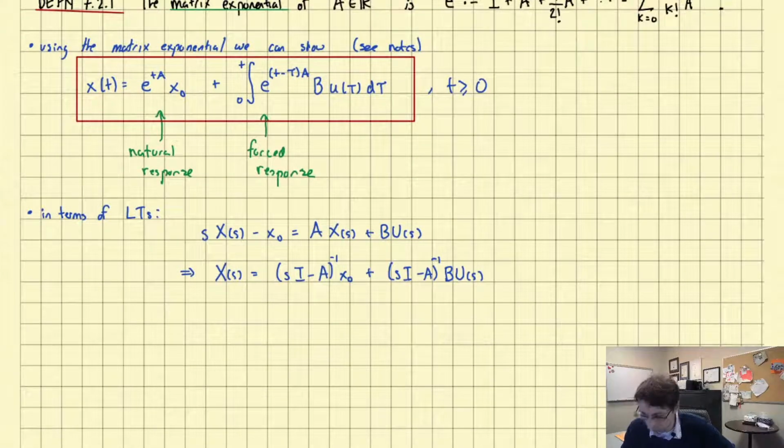Okay, so we have x of t in the time domain, x of s in the Laplace domain. So if you compare those two expressions, just like we did in the discrete time case, you see that this matrix exponential is a Laplace transform pair with this guy, because that's where the initial condition shows up in both of these expressions.